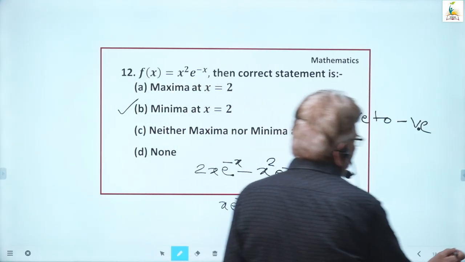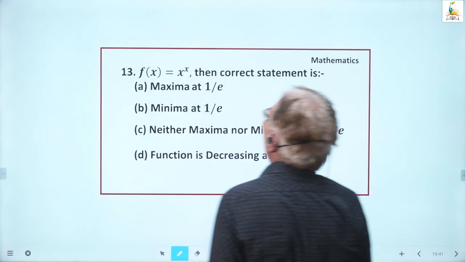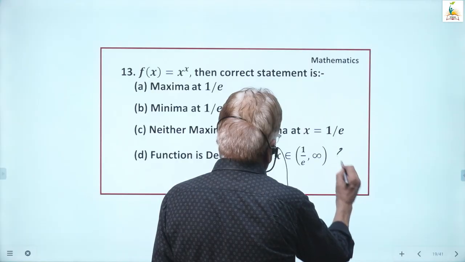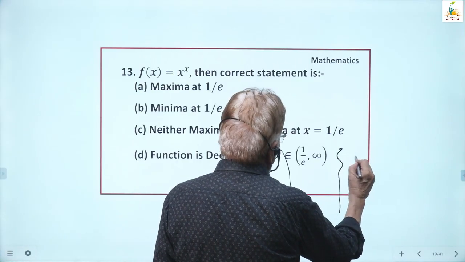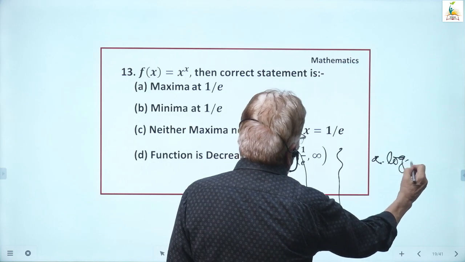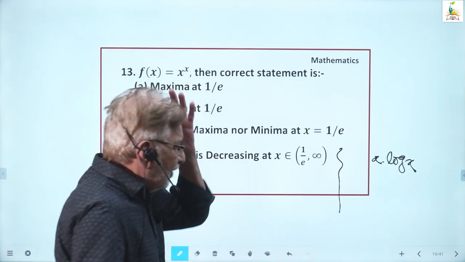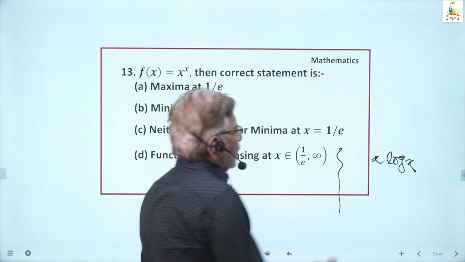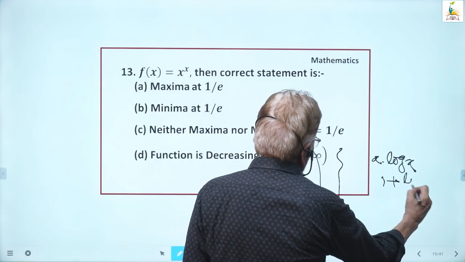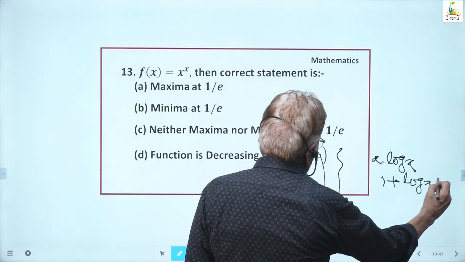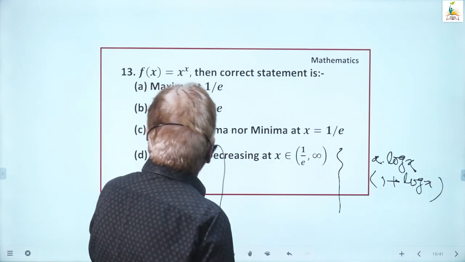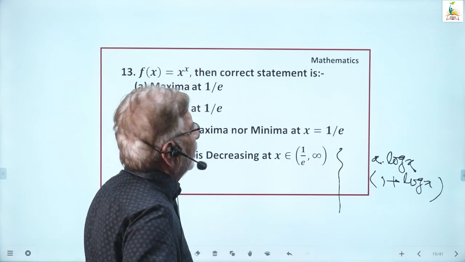First order derivative method is very important. f(x) equal to x raised to x. Take log, x log of x. Differentiate it, so 1 plus log x. So x raised to x, 1 plus log x.